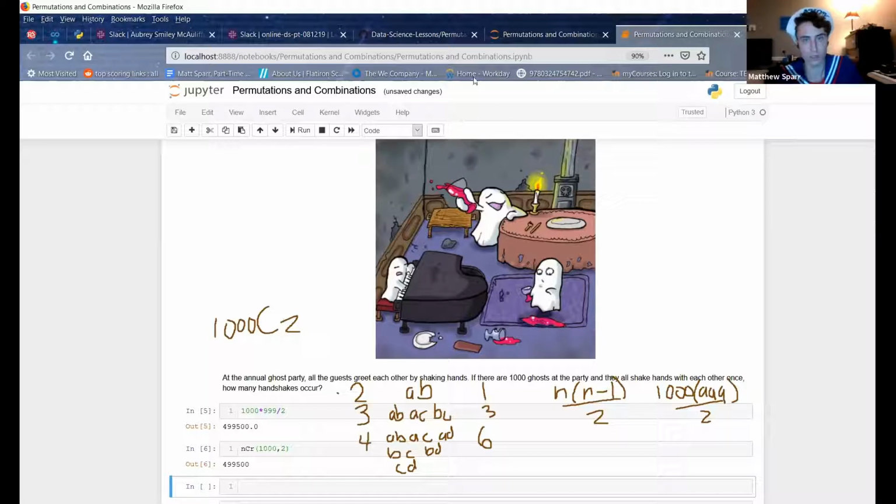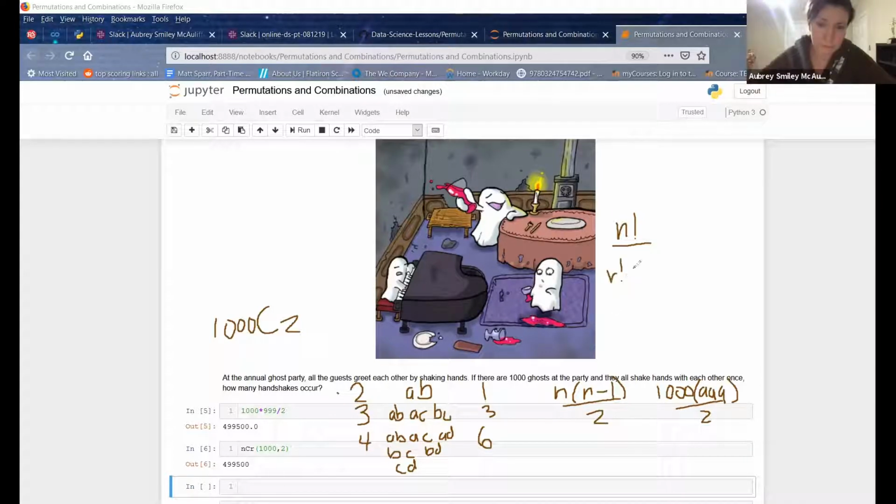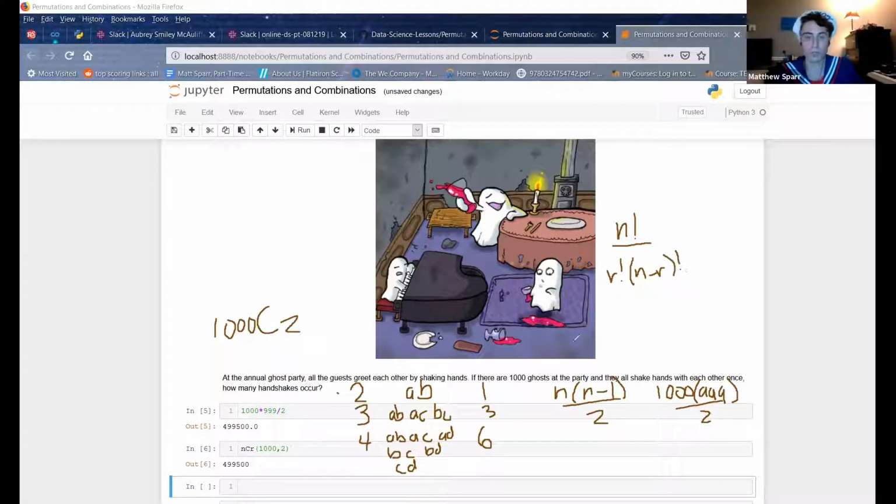Let me see here. So if you think about it, the formula for combinations is n factorial over r factorial times n minus r factorial.